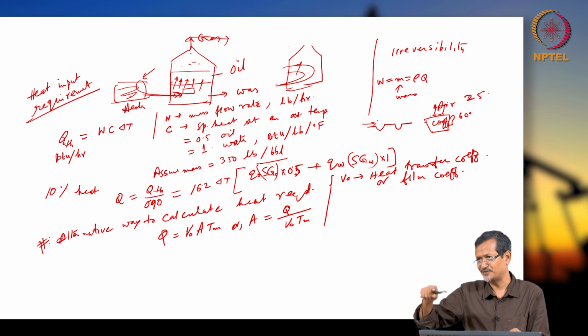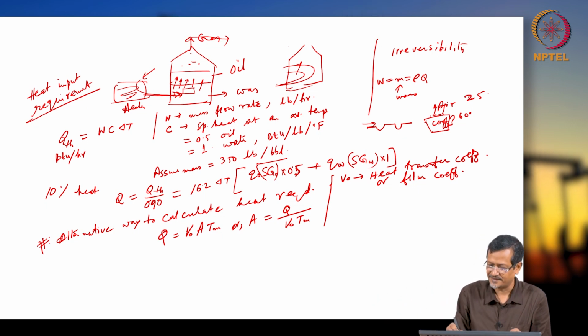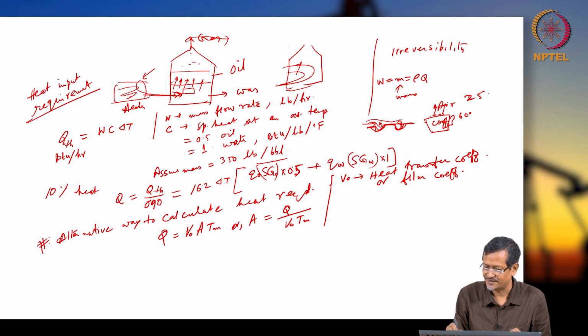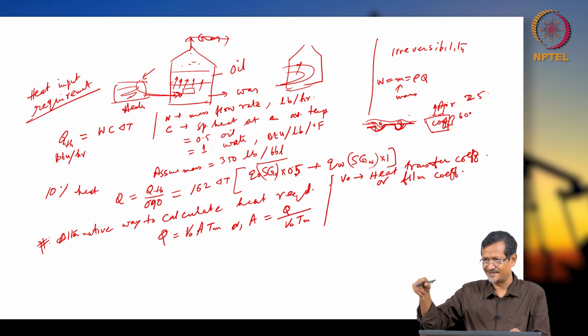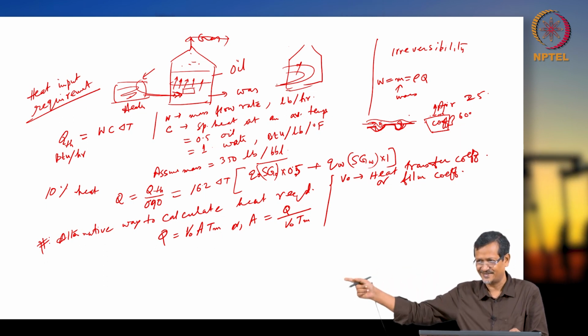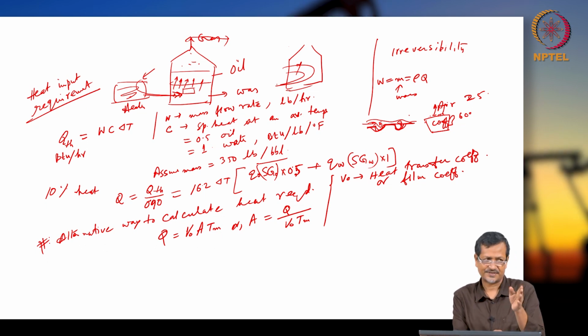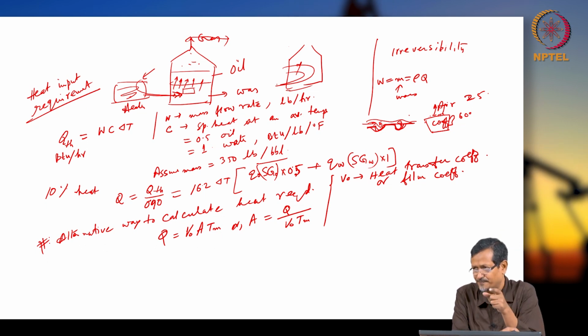So it depends on the surface also. Like you see in this picture I am drawing on the right side, it creates a lot of turbulence. When fluid is flowing, turbulence is created, and turbulence will take more heat. So your heat transfer rate will increase based on your surface area, your fluid medium, or the velocity.